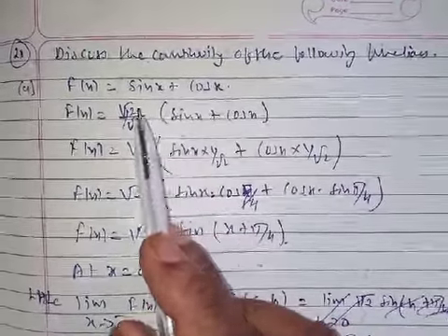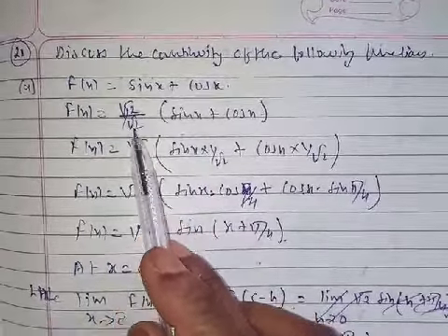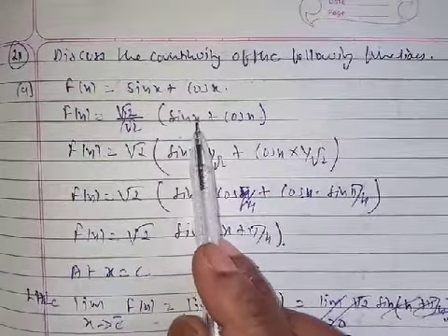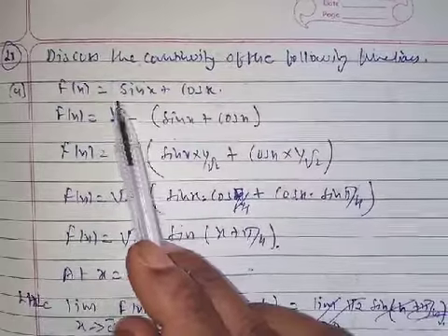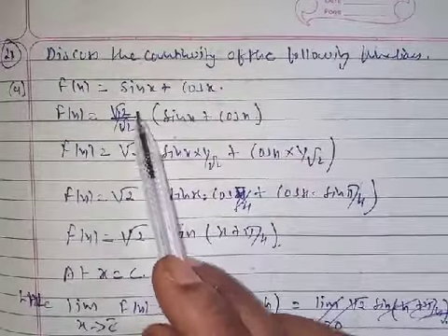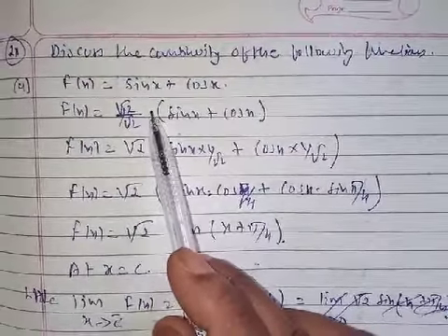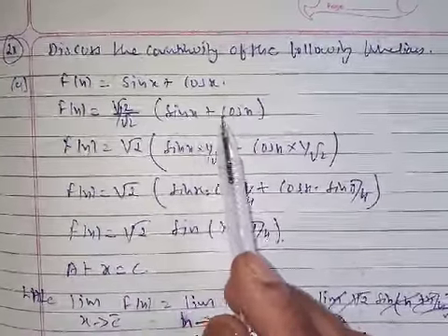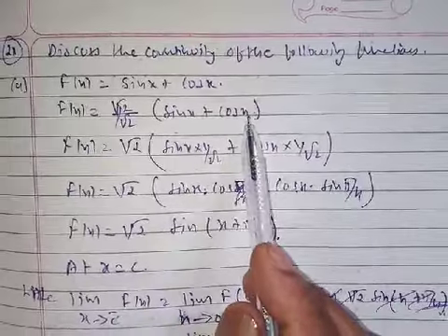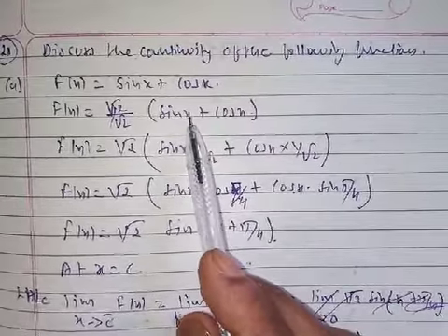So what we'll do? We'll multiply by root 2 and root 2 in the bracket of sin plus cos. Now one more question arises here: why have I taken only root 2? I should have taken 2 by root 3 also. But we know that the sin and cos values are different at root 3 by 2.